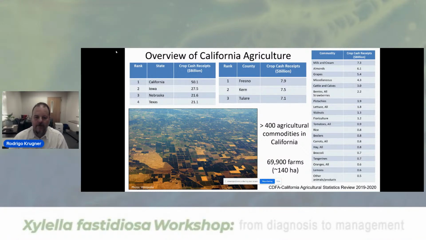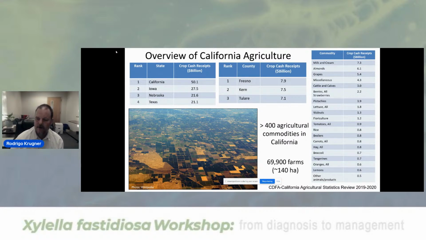So just a brief overview of California agriculture. I don't know if you can see the picture on the bottom left there. So California has about 400 different agricultural commodities, about 70,000 farms with an average size of 140 acres. So we're talking about a mix of almond trees and grapevines and berries and strawberries and 400 different commodities.